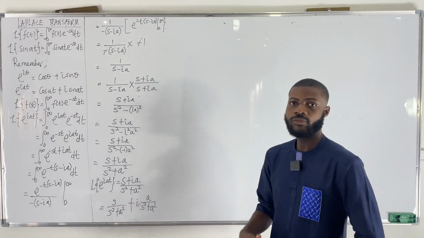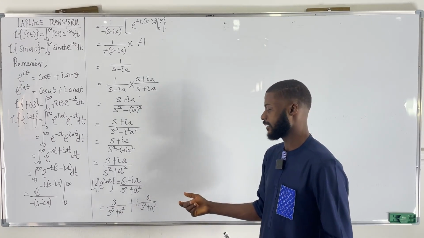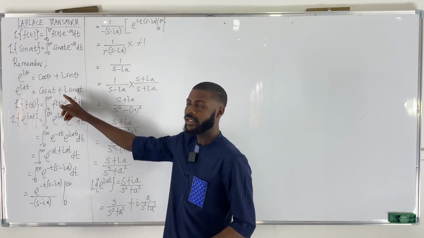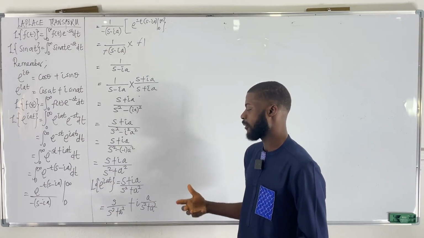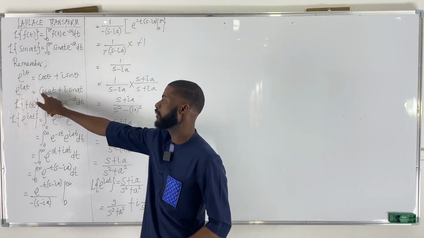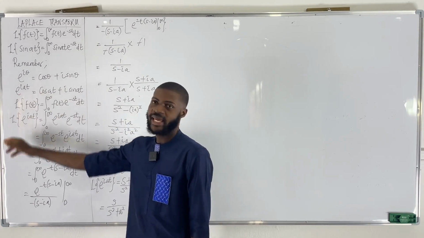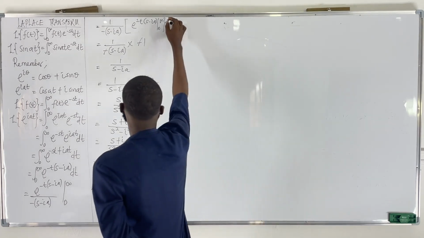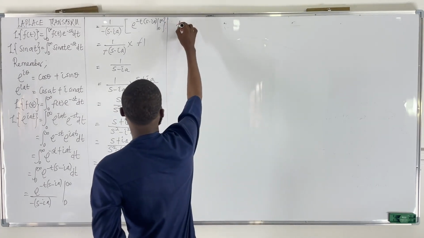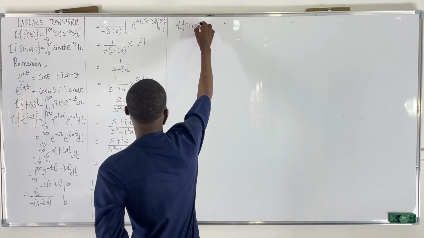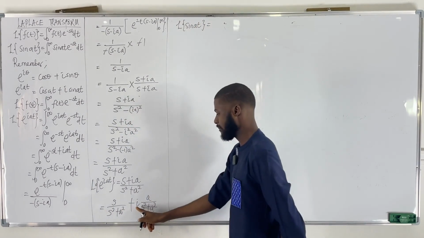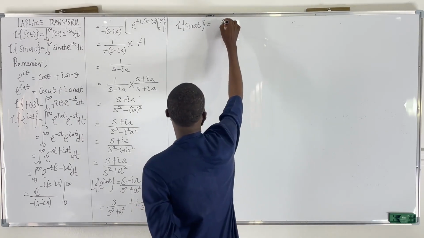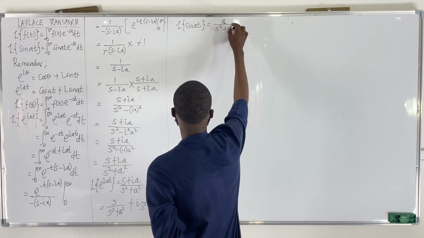And finally, what will be the Laplace transform of sine? Remember that sine is the imaginary side. Then what will be the Laplace transform of cosine? Cosine is the real portion of the exponent. So finally, the Laplace transform of sine at: sine is the imaginary part, so when you compare them, this will become a over s squared plus a squared.